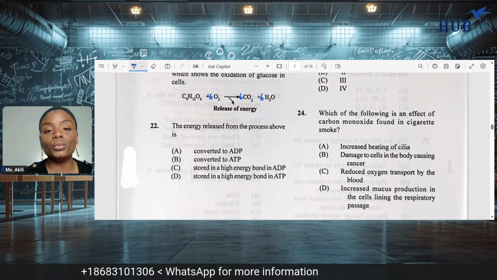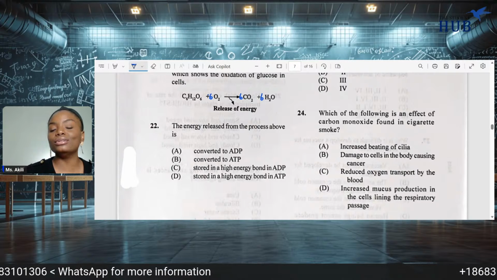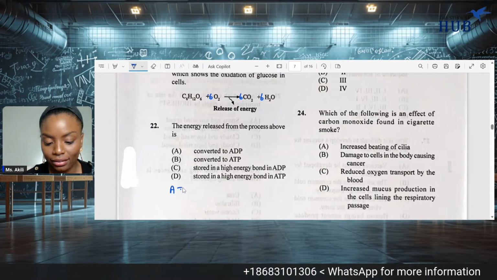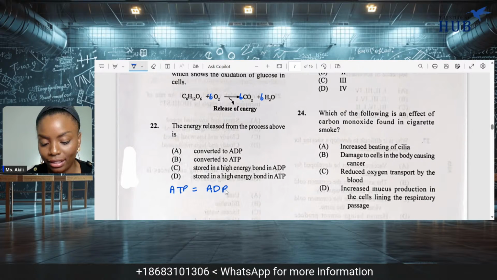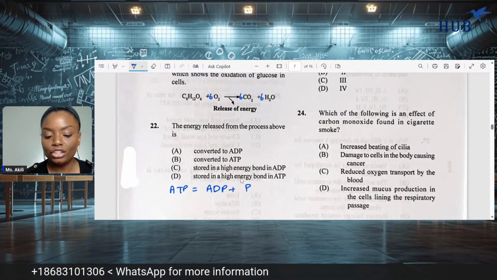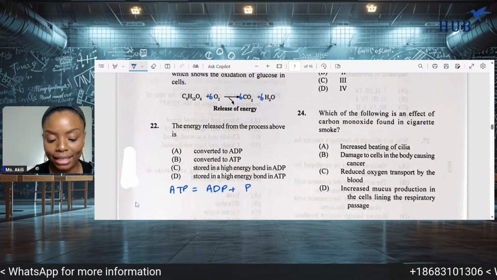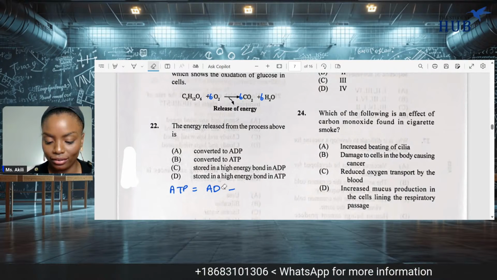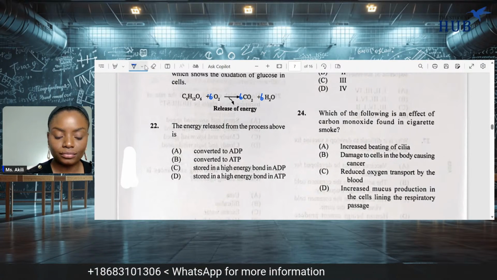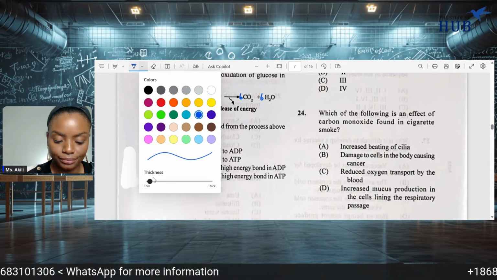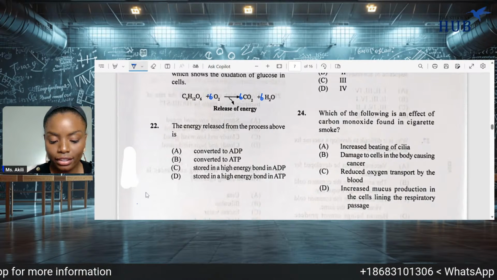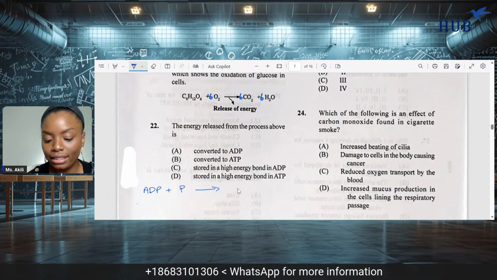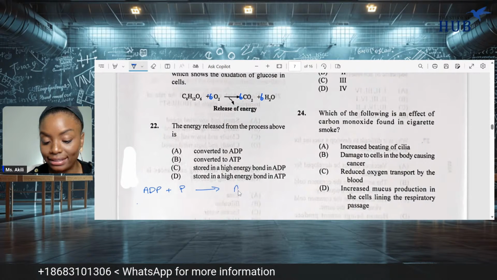Because in respiration, we're releasing the energy from glucose and we're using it to make ATP. But ATP is made from ADP plus phosphate. ATP stands for adenosine triphosphate. Actually, the easiest way to show this is the other way around so that it makes more sense. So it's ADP plus inorganic phosphate and energy to give you ATP.